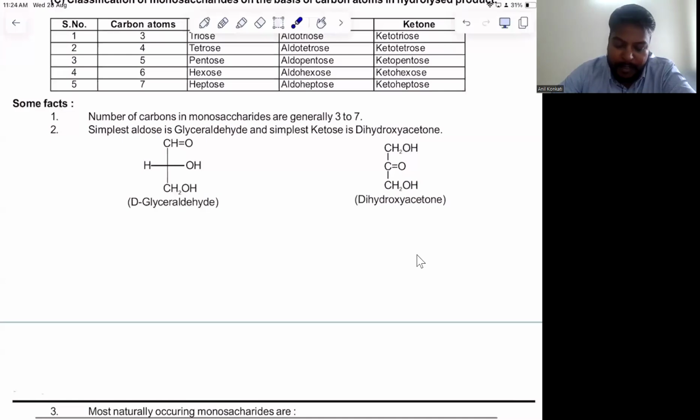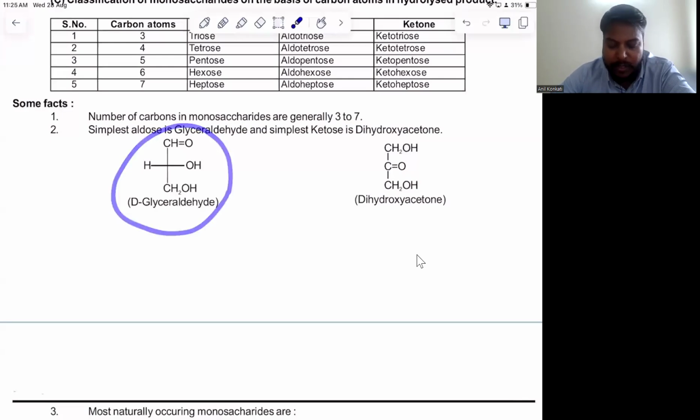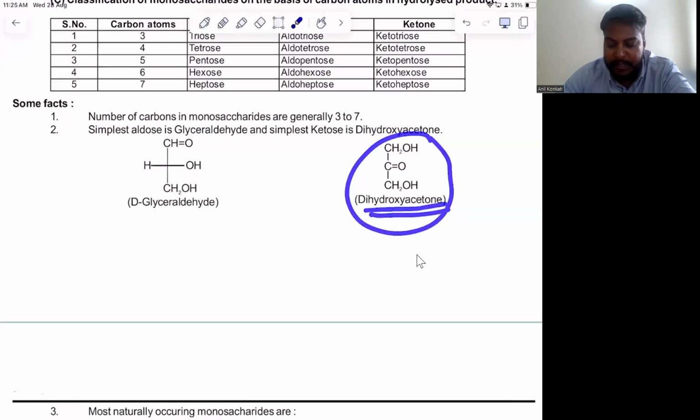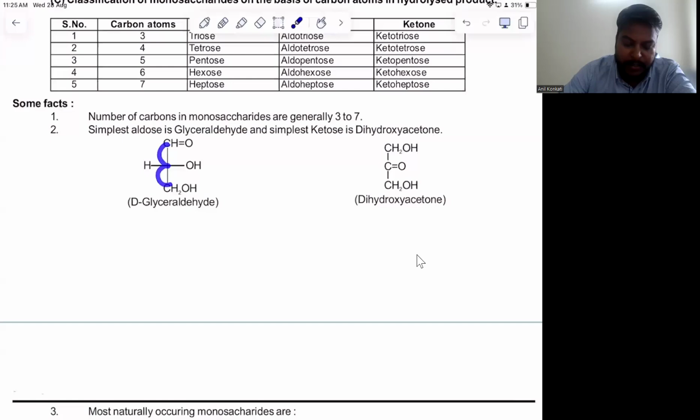For making a monosaccharide, we generally need 3 to 7 carbons. That is a requirement: minimum is 3, maximum we can see is up to 7. The most basic sugar is D-glyceraldehyde, where we have OH on the right-hand side, which makes it D. Then we have dihydroxyacetone for keto cases, so 3 carbons in case of keto and 3 in case of aldehyde.